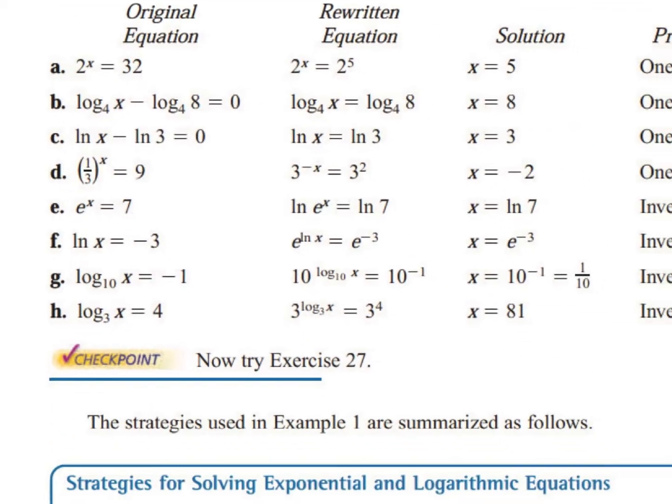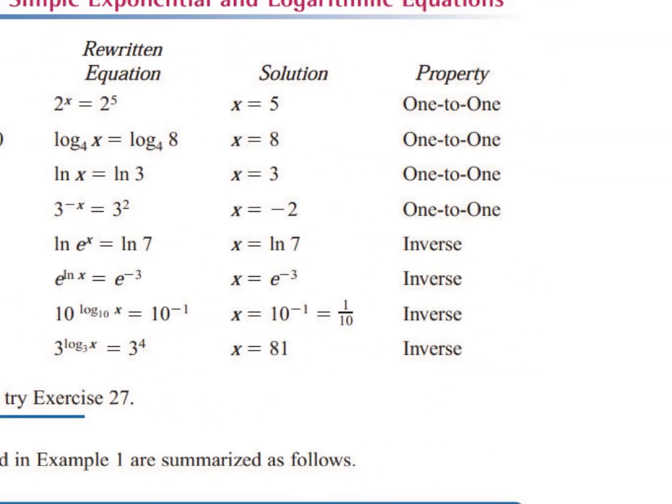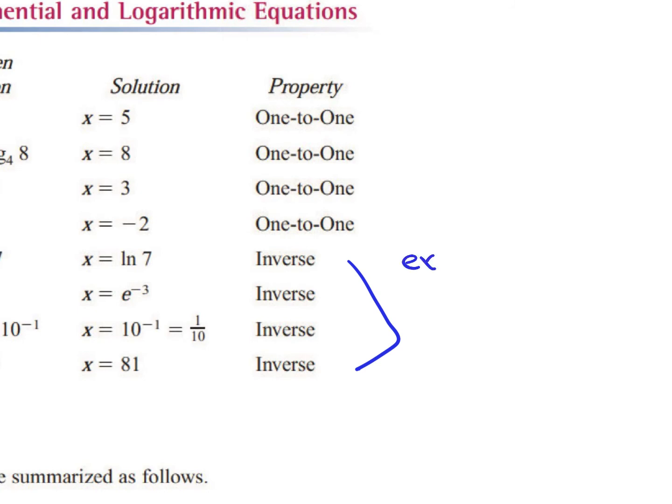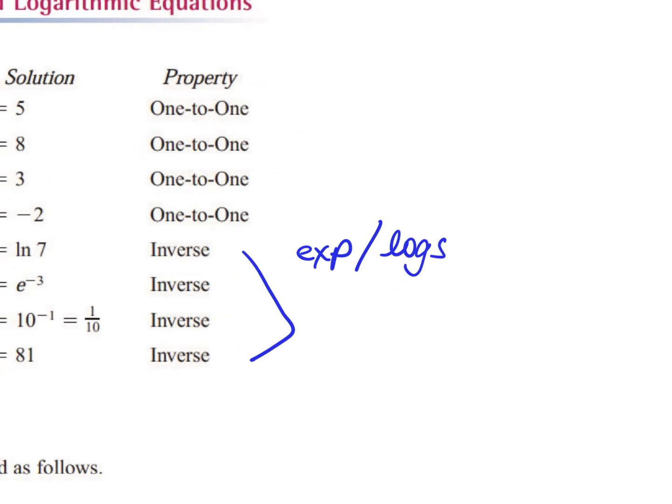Then we get to where we have to solve using inverses. Everyone write this down. This is the crux of this lesson. Exponentials and logs are inverses of each other. So if you're starting off with an exponential, in order to solve the equation, what's the opposite of an exponential? Log. If you start off with a log equation, in order to solve it, what is the inverse of logs?